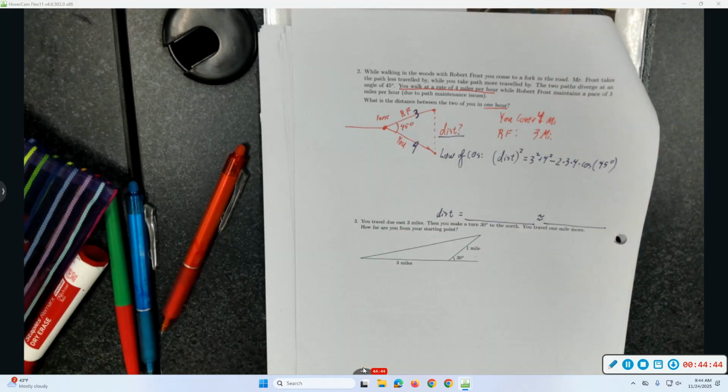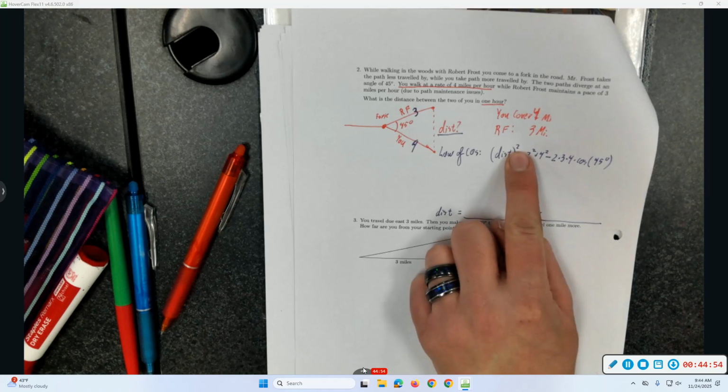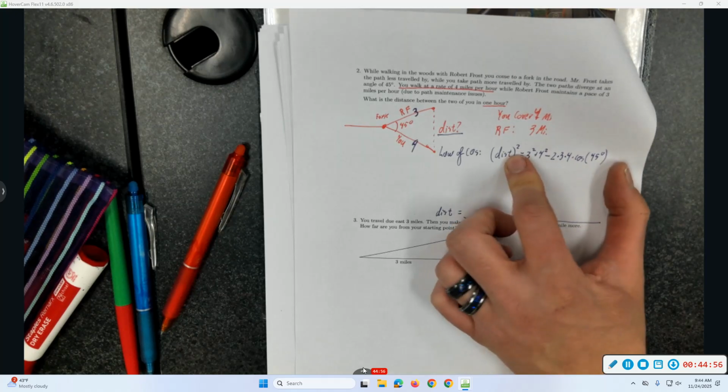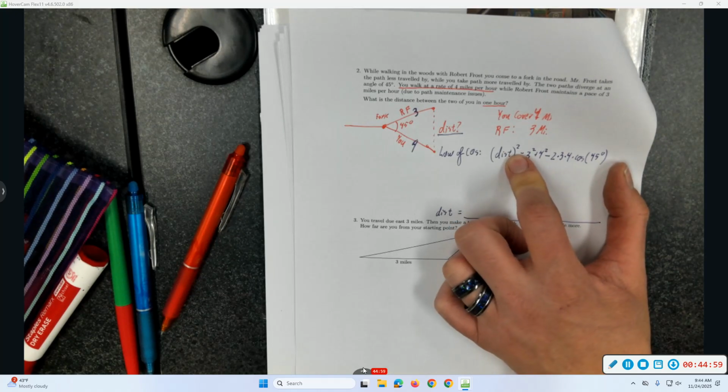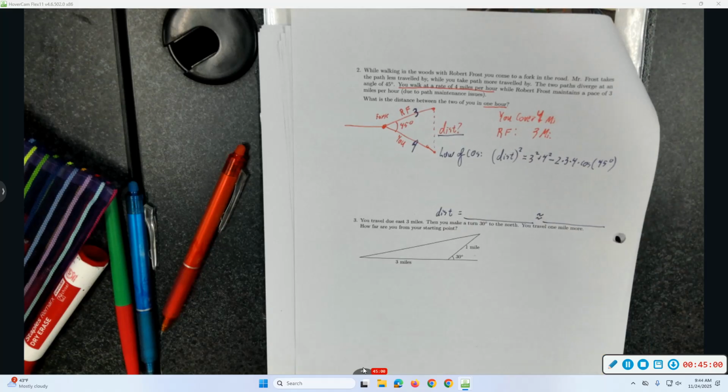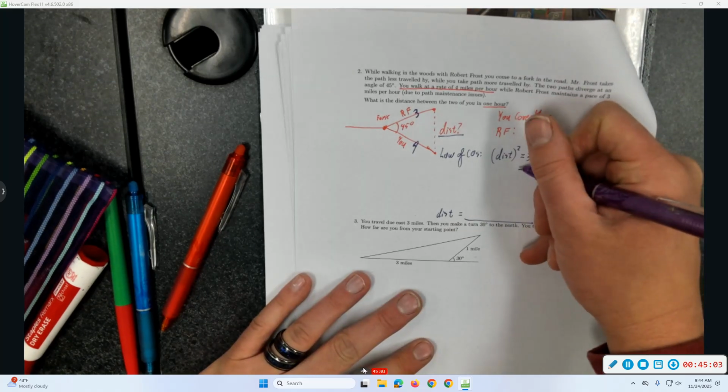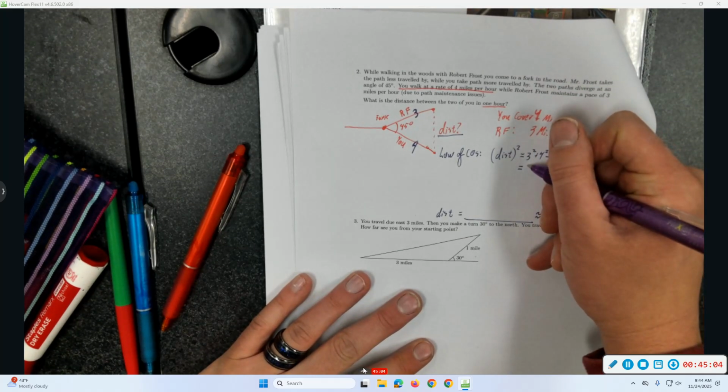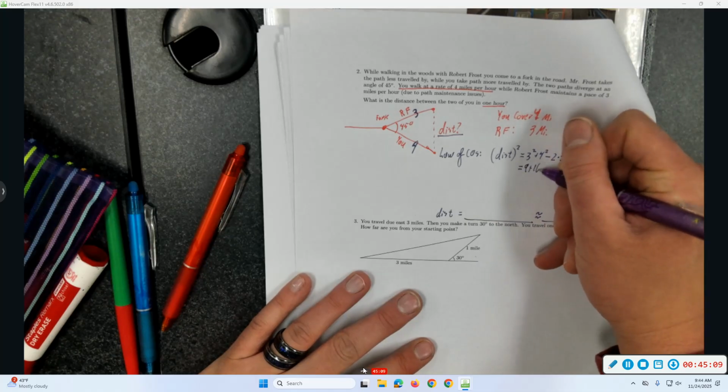Feeling good so far? The algebra here is automatic. I'm going to take the square root of both sides eventually, because I need to get rid of the square on the distance. So most of the work is just simplifying this side. 3 squared is 9. 4 squared is 16.